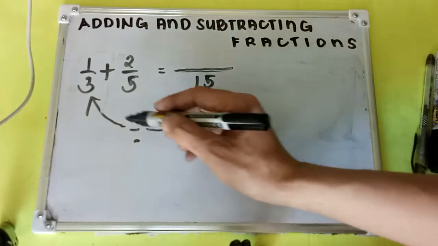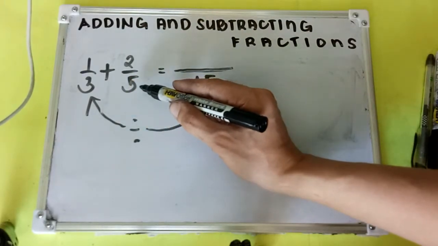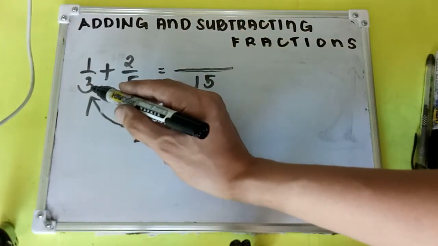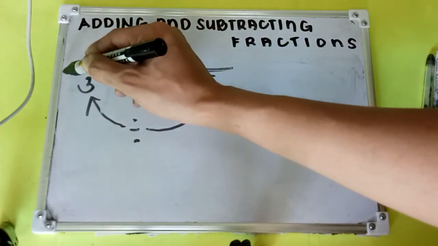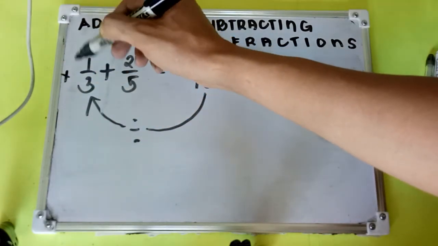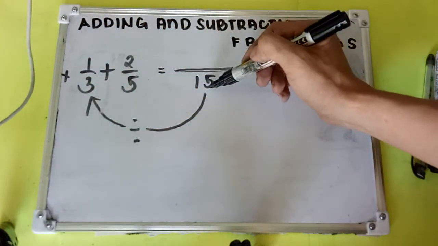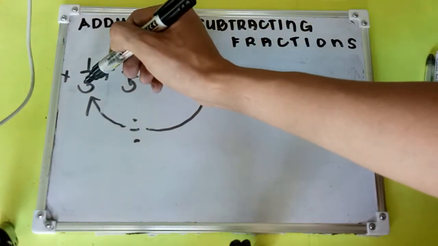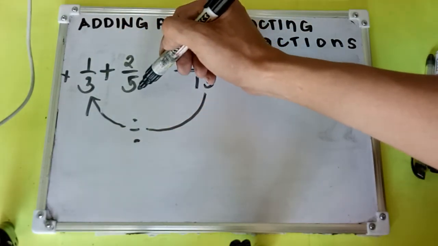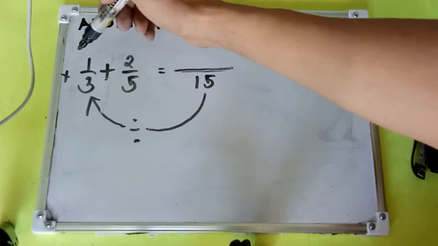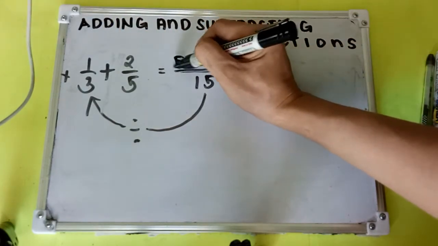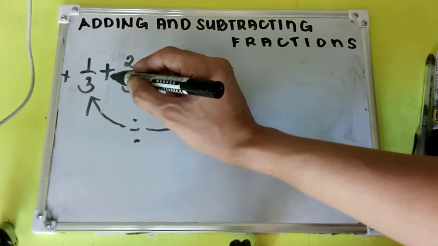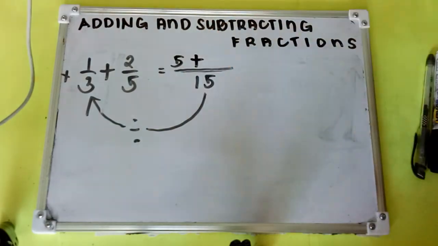So 15 divided by 3, ito ang sagot niyan, 5. So 5 multiply by, yung numerator niya, 1. So, 15 divided by 3 equals 5, multiply by 1. So, 5 multiply by 1 is 5. So, ang operation natin is addition, so plus.